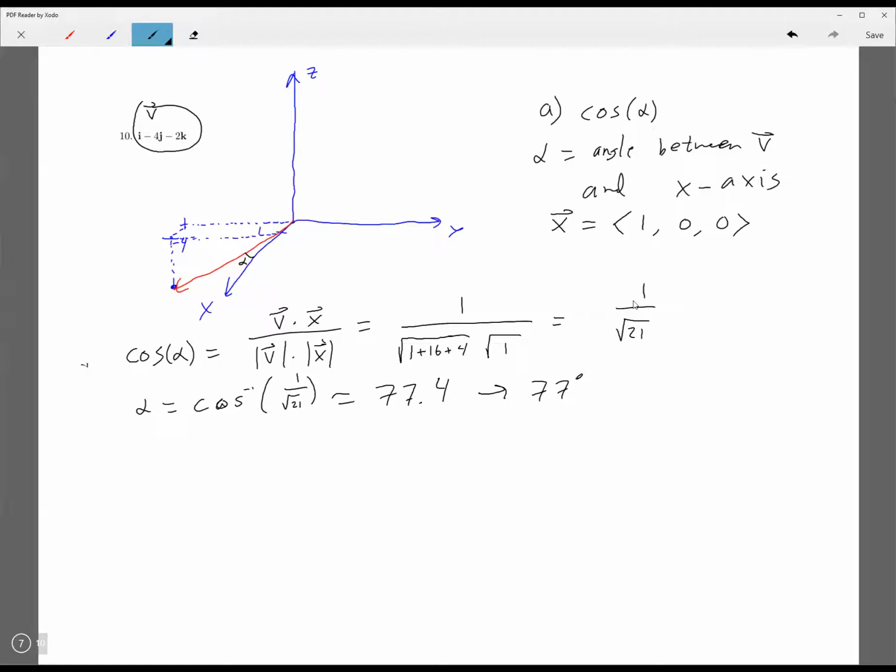So just a second. Okay, so this is the answer to the first part. And then this is the answer to the fourth part. Okay, so the first part and the fourth part. So that's the angle, and this is the cosine of the angle.